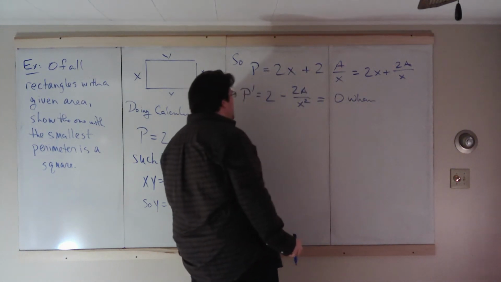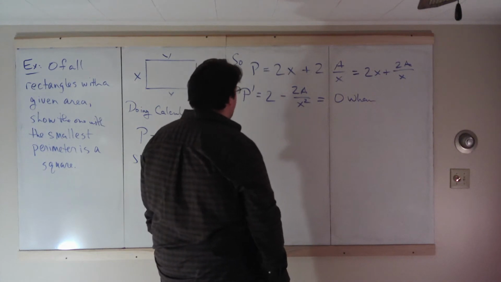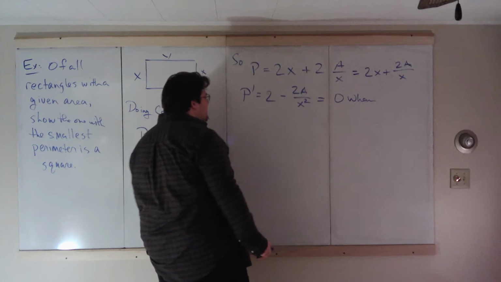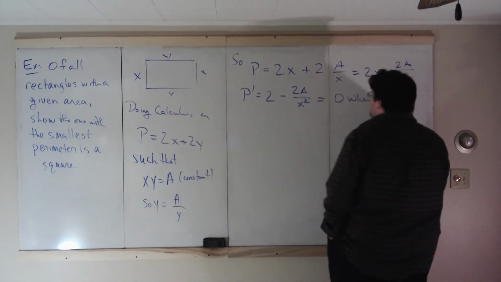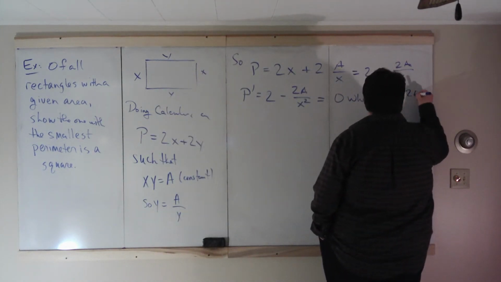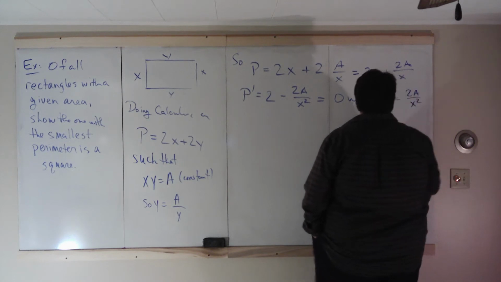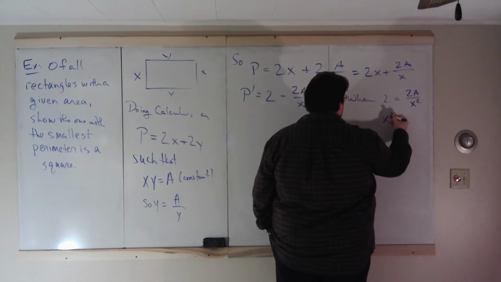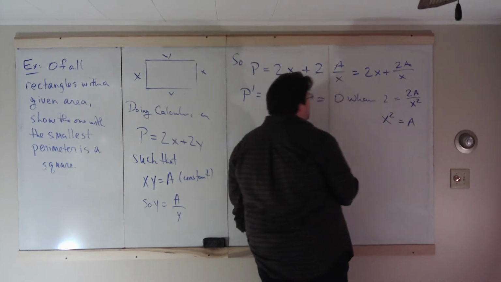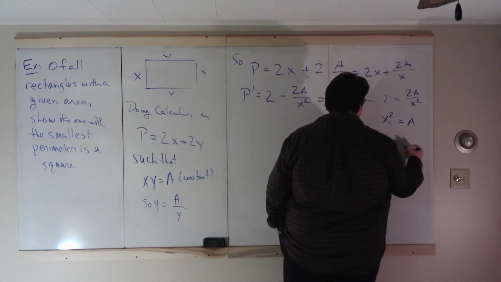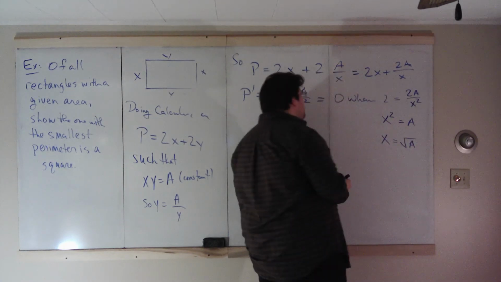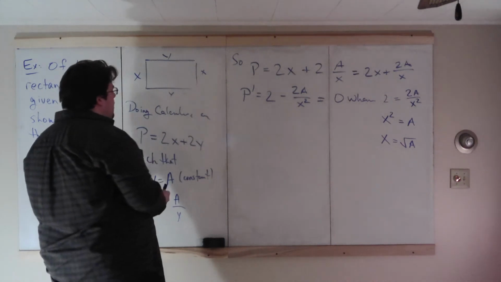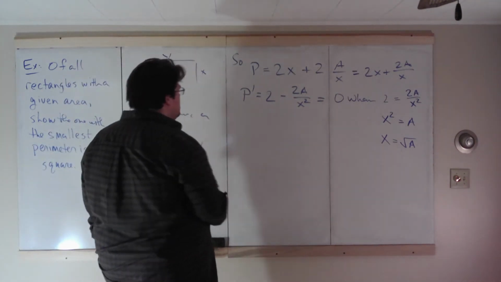Well, it equals 0 when what? I would normally write this as one fraction first, but I didn't, so I'm not going to. It equals 0 when 2 equals 2A over x squared. Solve that for x: multiply by x squared, divide by 2, x squared equals A, x equals root A. Only the positive, because our possible x values are 0 to infinity, an open set.